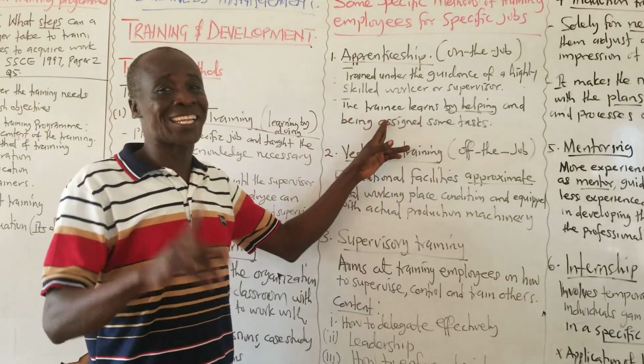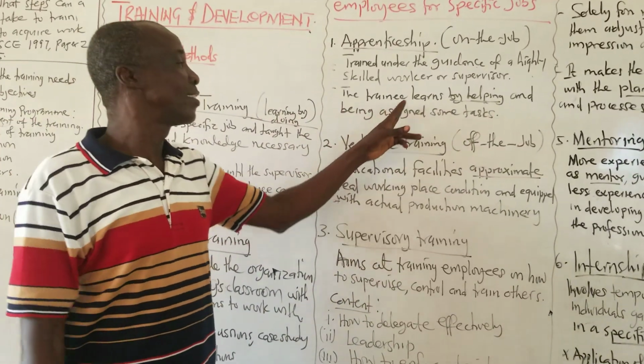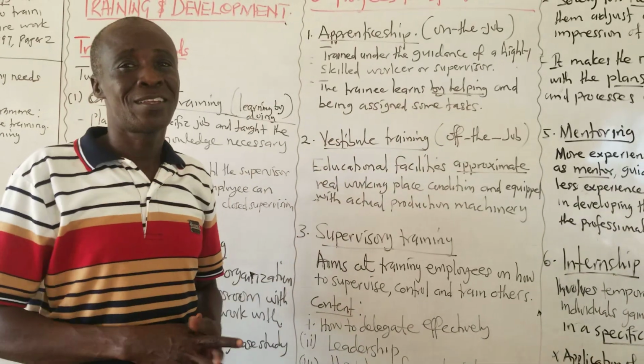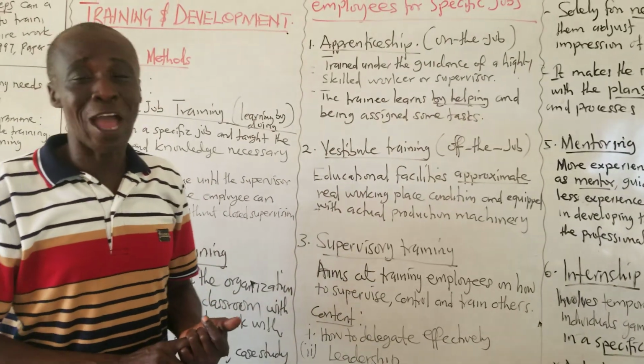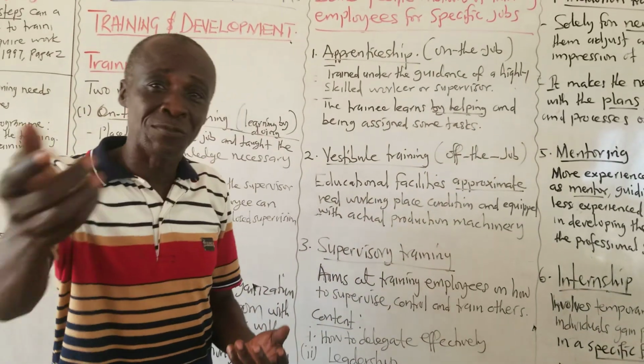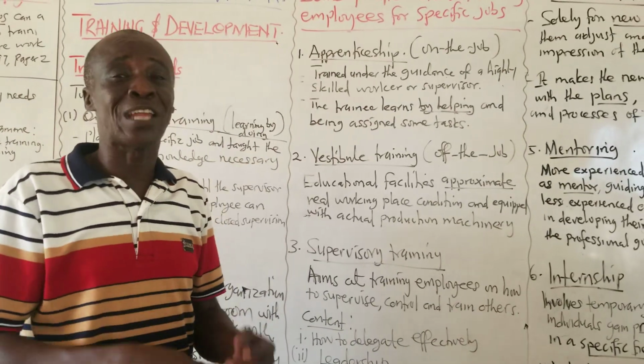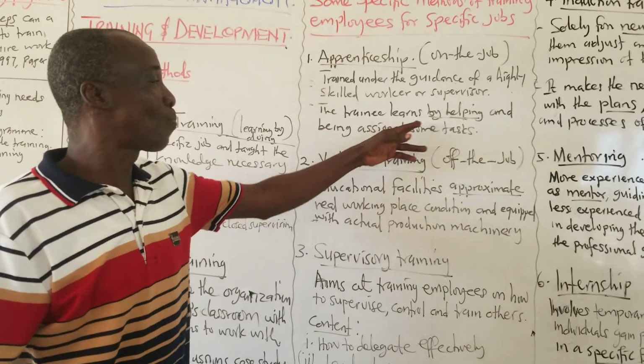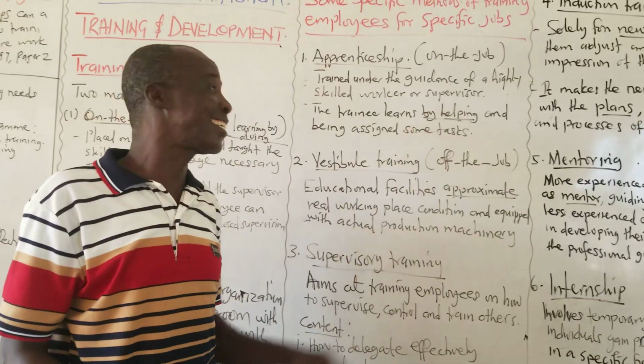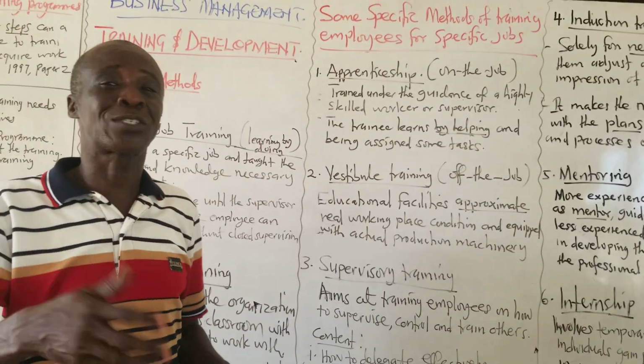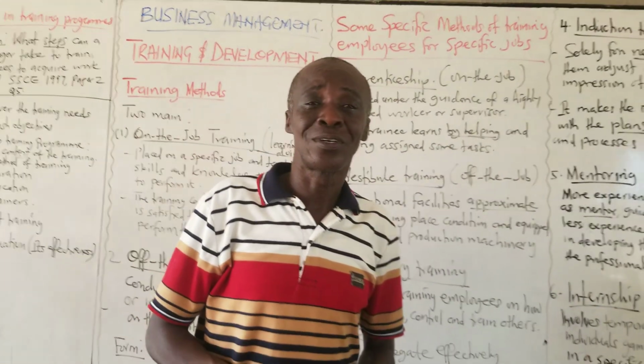The trainee, that is the person being trained, learns by helping. So number one, by helping. So you are helping your master, or the person gives you tasks, the person guides you, the person coaches you, and then you do it. So by helping and being assigned some tasks, the person will give you a task to perform.